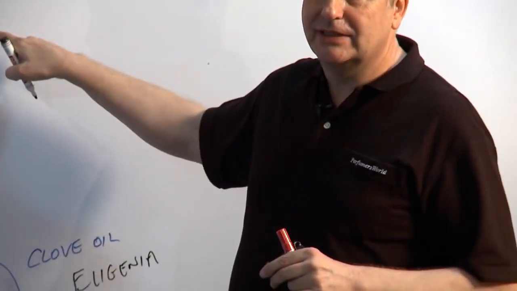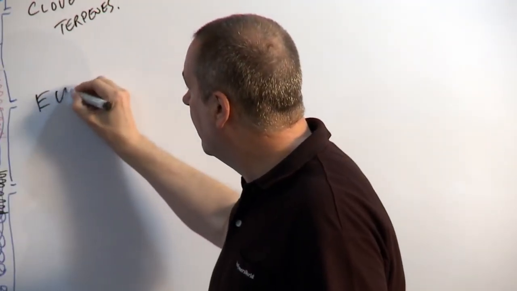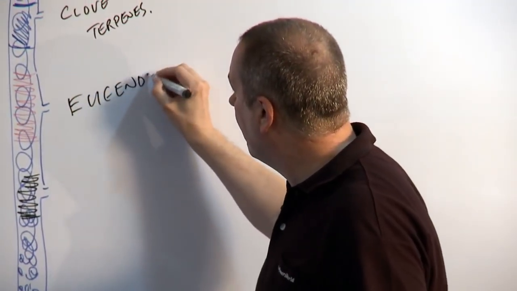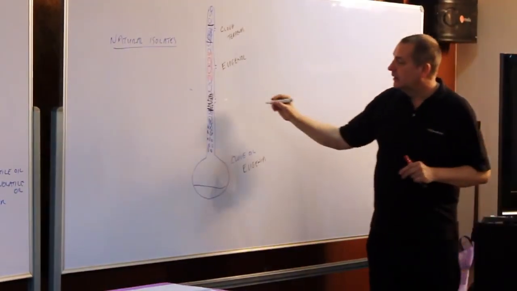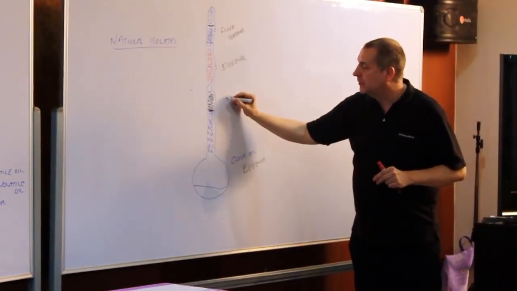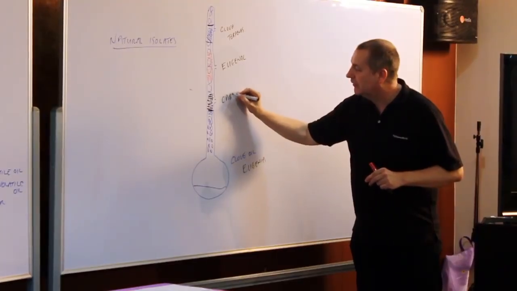So this is the alcohol found in clove oil. It's called eugenol. And last but not least, we get the sesquiterpenes. These are bigger molecules, and we can call it clove sesquiterpenes, but the main one is called caryophyllene.